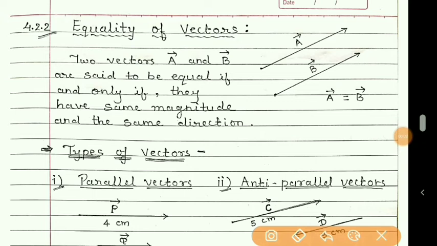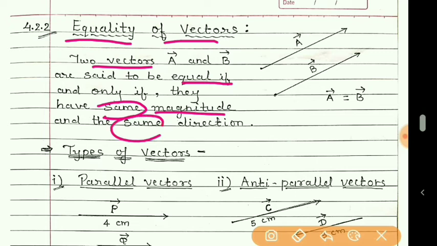Now about equality of vectors. Two vectors are said to be equal if they have same magnitude and same direction.